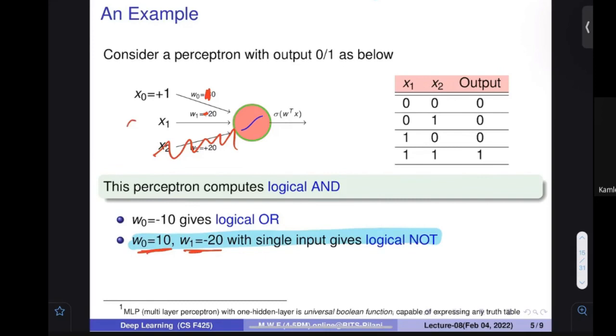So if I put 0 here, it becomes minus 20 plus 10. For the 0 it becomes 1, for 1 it becomes 0. So then it becomes a NOT gate.